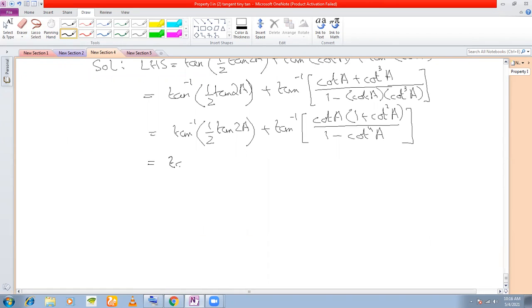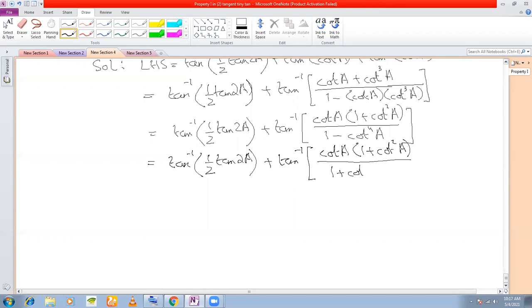Which is equal to tan inverse half tan 2A plus tan inverse. Now here, the denominator is 1 minus cot to the power of 4A, and the numerator we have written as it is. This we are going to split as 1 plus cot square A into 1 minus cot square A. Can I write this in this way? 1 minus cot to the power of 4A. Yes, Devanjan, can I write? Yes, sir.